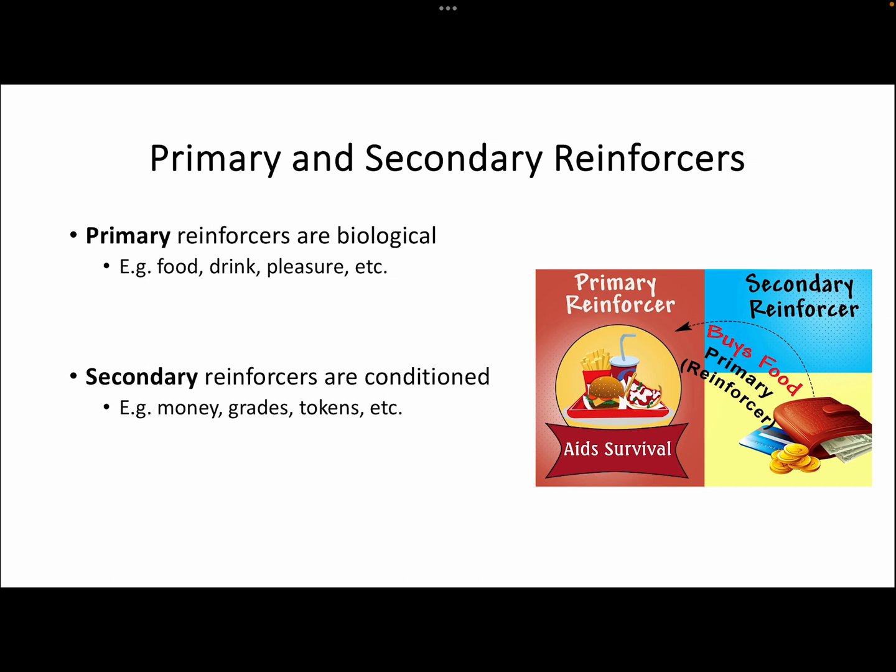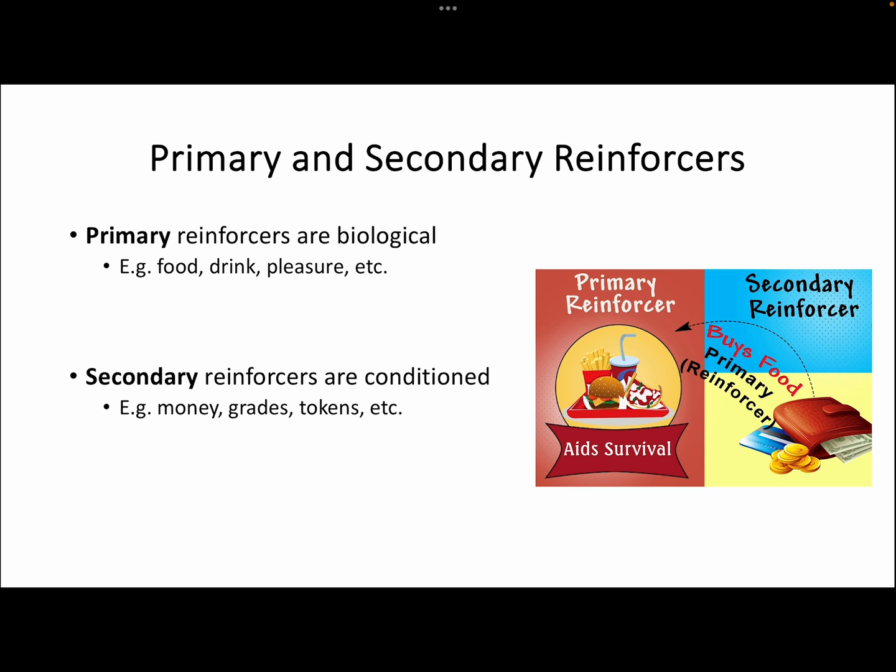Things that inherently elicit a response from us. We don't have to learn them. They are inherently rewarding. So things like food is inherently rewarding. It's in our nature to desire them. Drink, pleasure, all of these things are unlearned. They are primary in that they are sort of biological in nature.